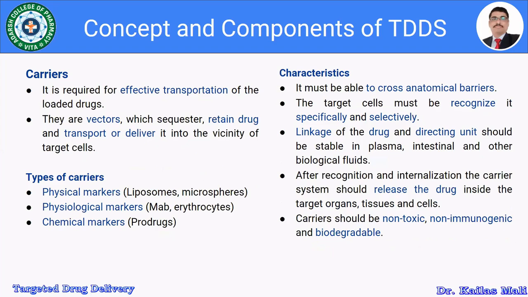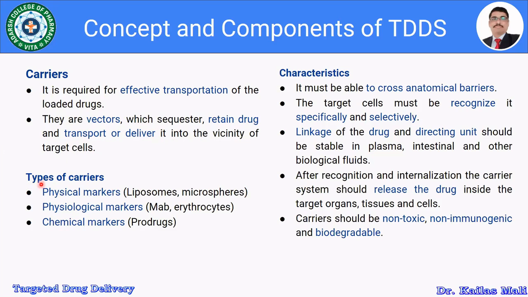Let us see the carriers. Carriers are required for effective transportation of the loaded drug. Their main role is to carry the drug to the target tissue or target site. They are the vectors which sequester, retain the drug and transport or deliver it into the vicinity of the target cell. So the carrier is going to carry the drug molecule from one site to another site, or from the route of administration to the target tissue.